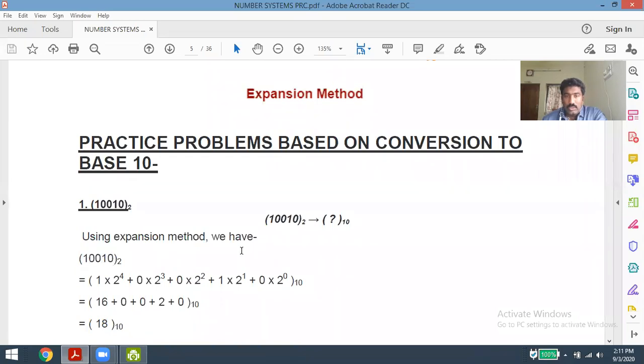What do we do? Take 0 into 2 power 0 plus 1 into 2 power 1 plus 0 into 2 power 2 plus 0 into 2 power 3 plus 1 into 2 power 4, where x is nothing but 2. Now do the operations and sum the values, and you will get 18 in base 10.